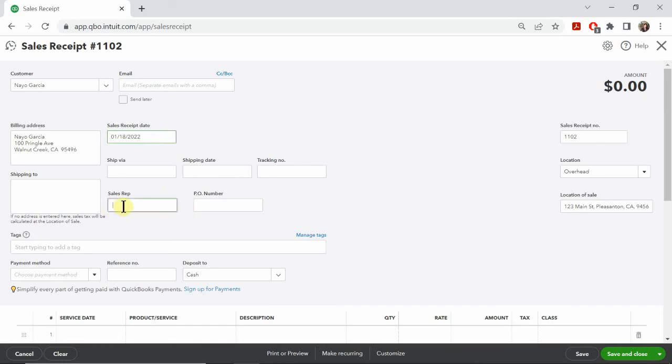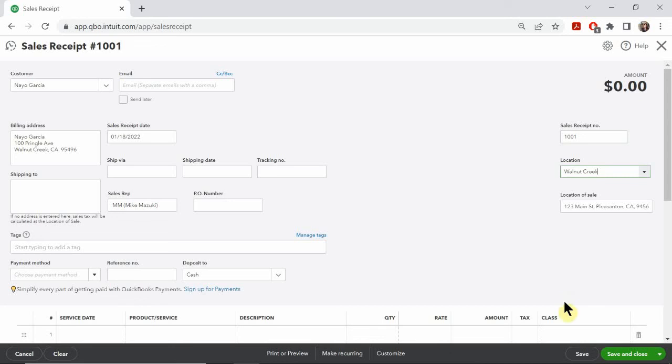In this case, sales rep we said was Mike Mizuki, so MM. Sales number 1001, location is Walnut Creek. So she went to the Walnut Creek location and she purchased something from us.